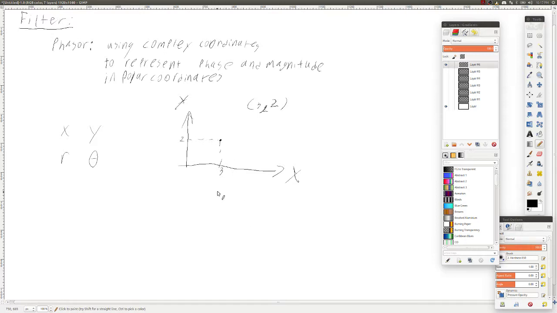To represent this in polar coordinates, you would represent it with its r and its theta. Here we have r, which is the length of this line from the origin to the point, and theta, which is this angle.